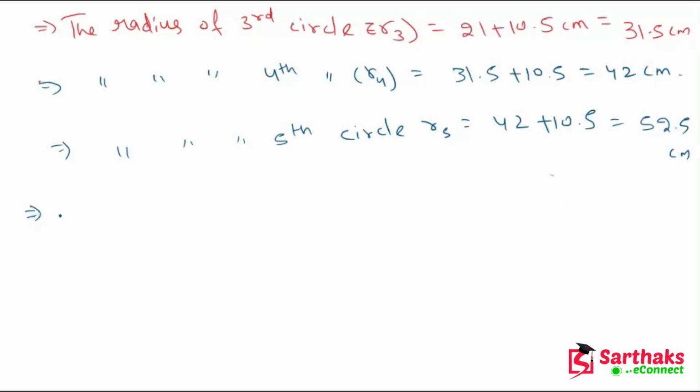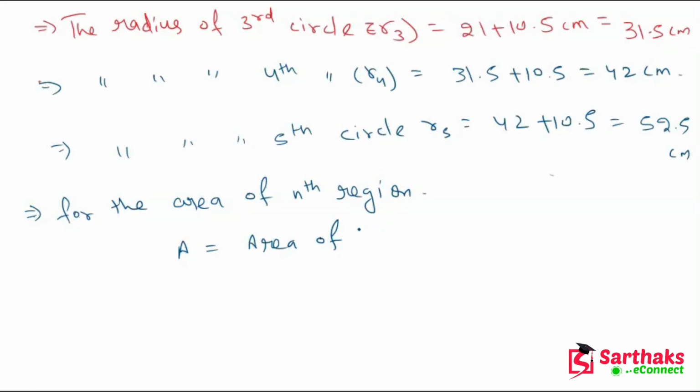Now, for the area of the nth region, we can find it directly: the area of the nth region equals the area of circle n minus the area of circle n minus 1.